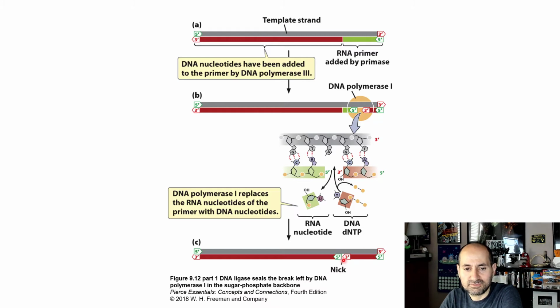Ligase links this Okazaki fragment to that Okazaki fragment. So again, after Okazaki fragments are formed, DNA polymerase I removes the primers, but it leaves a break in the sugar phosphate backbone between the two Okazaki fragments, and that is repaired by the enzyme ligase.